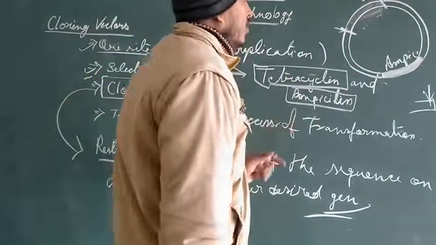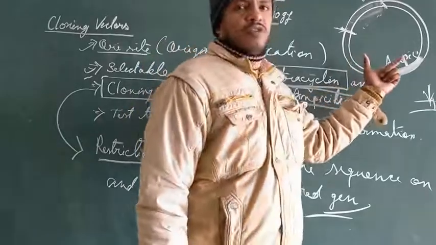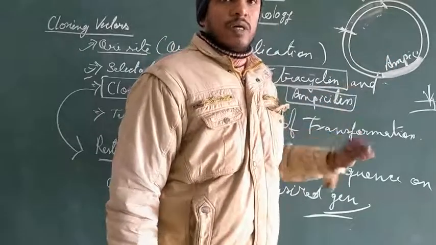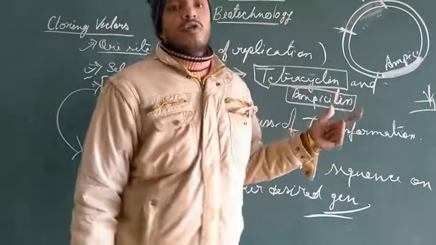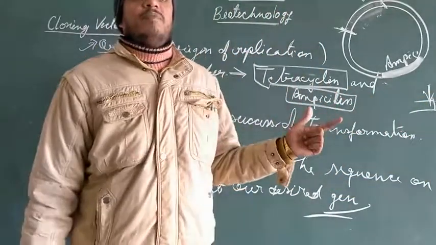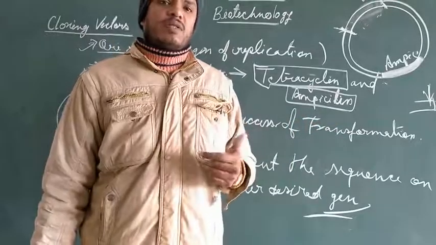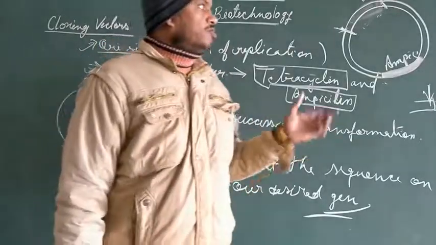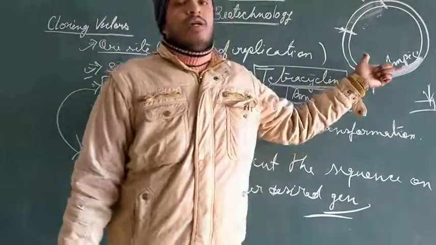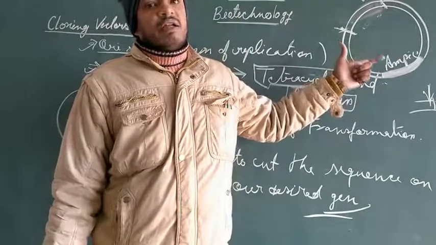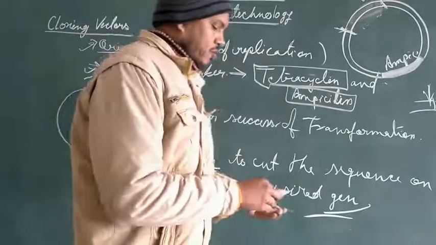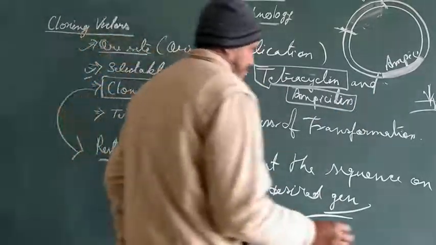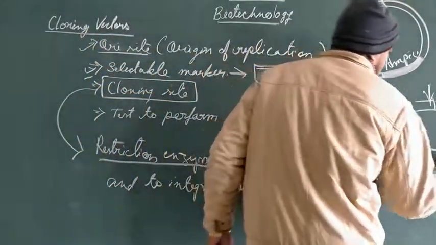Now what next? We transfer this to the host. Now we are going to grow the host in a culture medium which is containing ampicillin. The reason behind that is that we know the new plasmid that we have constructed has resistance against ampicillin. So we create a culture plate.